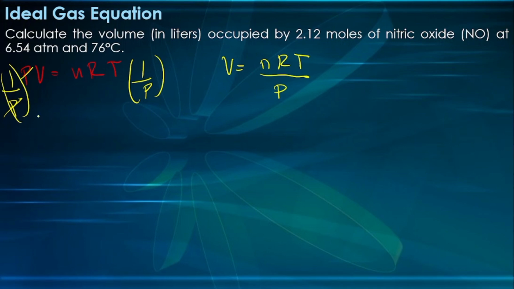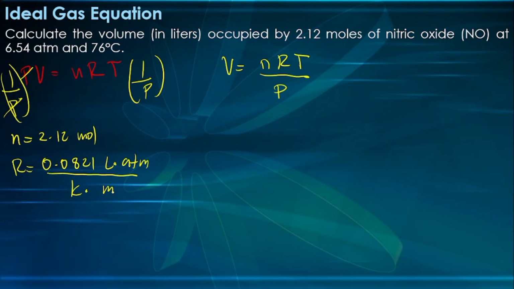Okay? So we have here the amount of gas equal to 2.12 moles. And then the gas constant: since the unit of pressure here is atm, we will use the gas constant with atm. So R is again equal to 0.0821 liters times atm over Kelvin times mole.